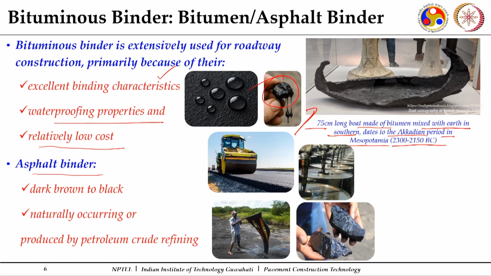Now, we have asphalt binder. This is another term which is used for bituminous binder, dark brown to black in color, naturally occurring or produced by petroleum crude refining. You can see this is a natural lake where natural asphalt is coming up.